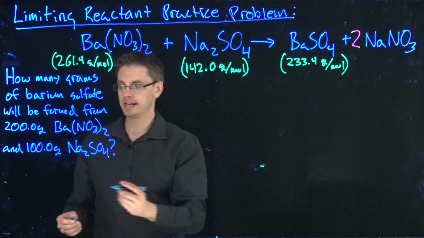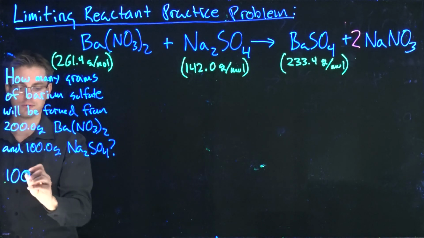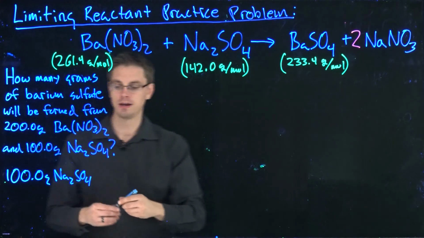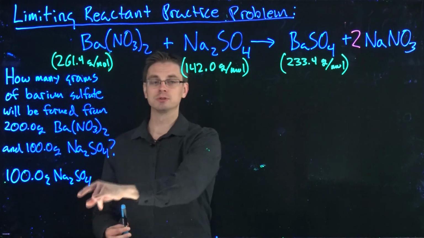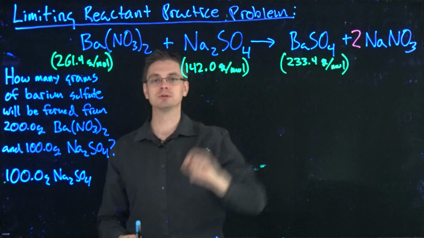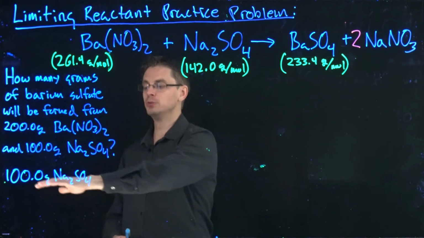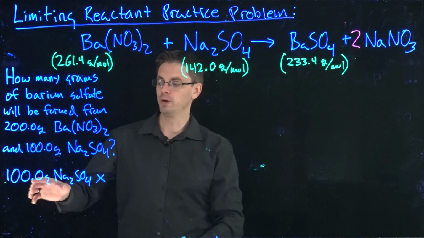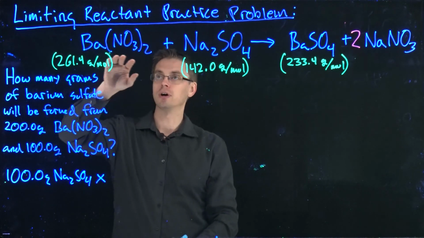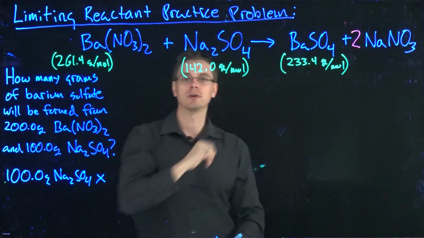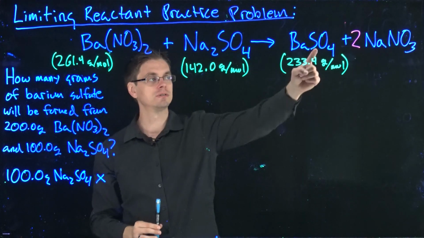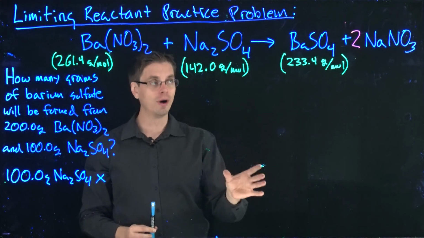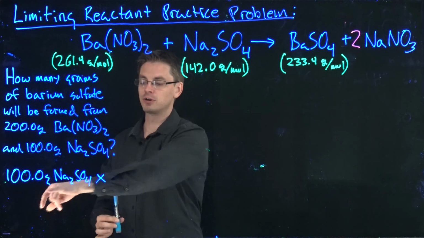Let's start off by taking our 100 grams of sodium sulfate, and figure out how much barium sulfate we can form if we assume full reaction. Just as we've seen before, if we are going to move between the amount of one reactant and another chemical compound in that balanced chemical reaction equation, essentially our product over here, we're going to be using our mole-to-mole conversion. However, we first need to convert into units of moles.